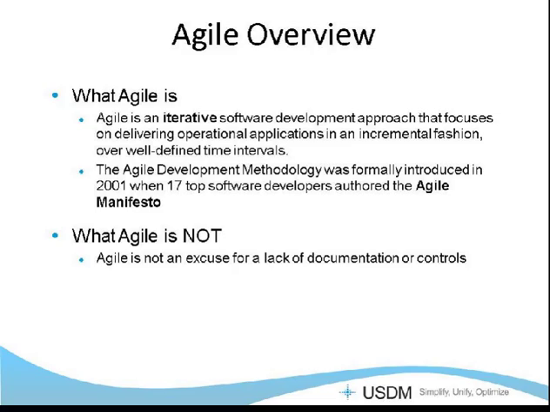It's a high-quality organization. They do things very quickly, but they also do things very well, and they're able to predictably deliver their software to market. So that's a little bit about Agile.